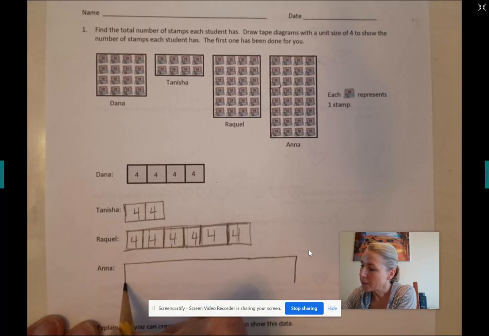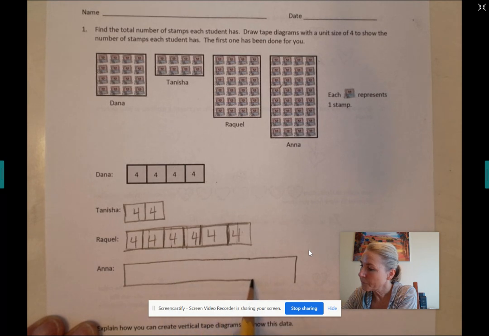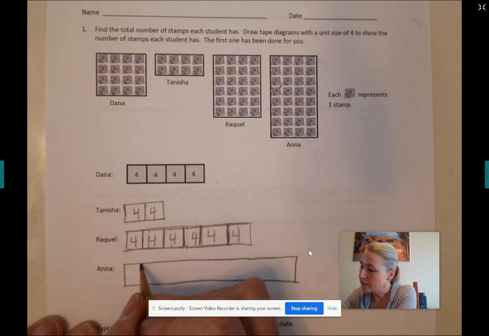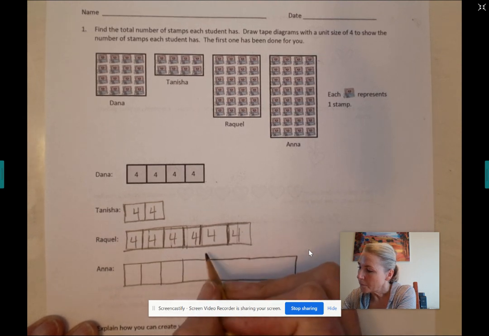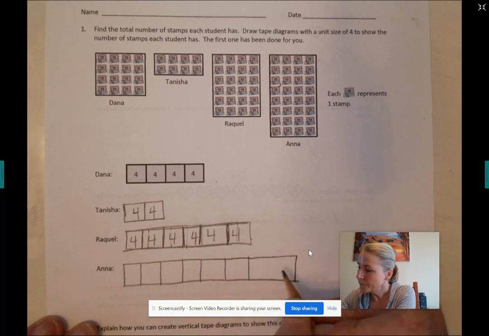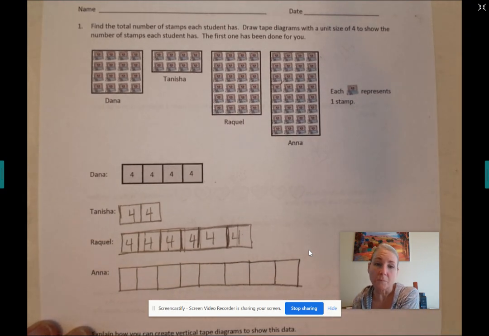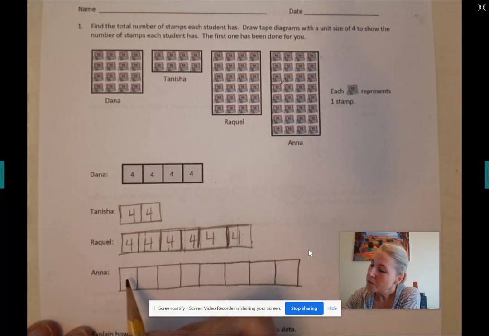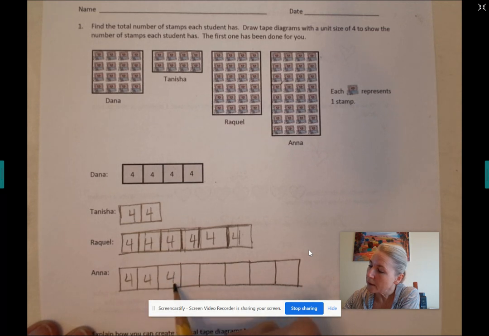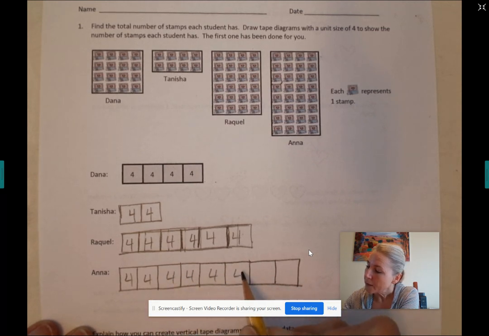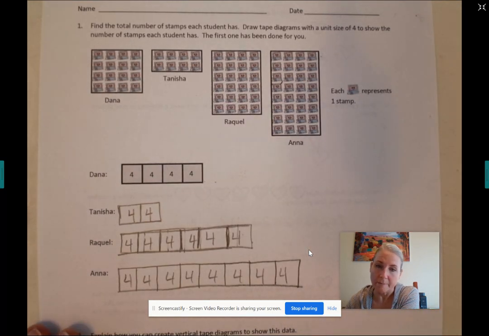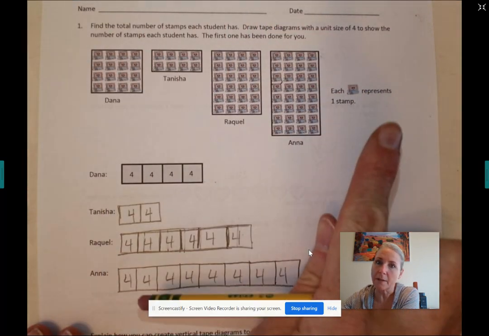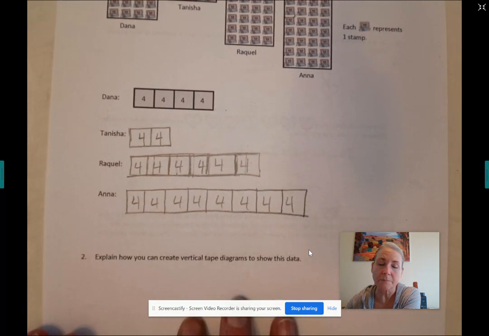And if I pull this down, I can use these cuts here to help keep my tape diagrams equal and comparable, right? So here I also have sets of 4. And each of these equals 1, which they told us up here. But again, pay attention for those keys.